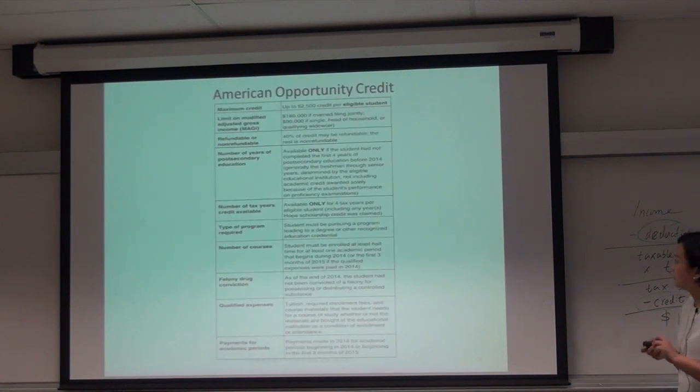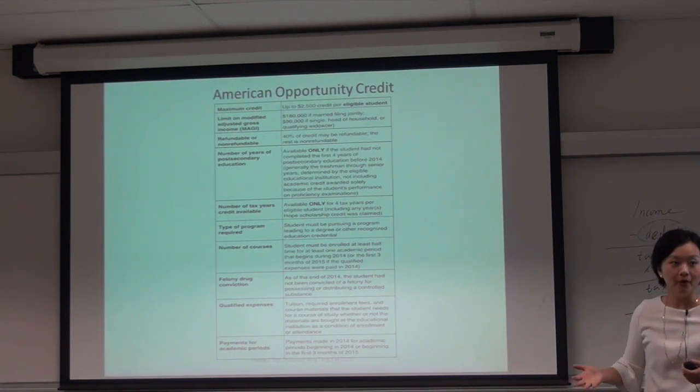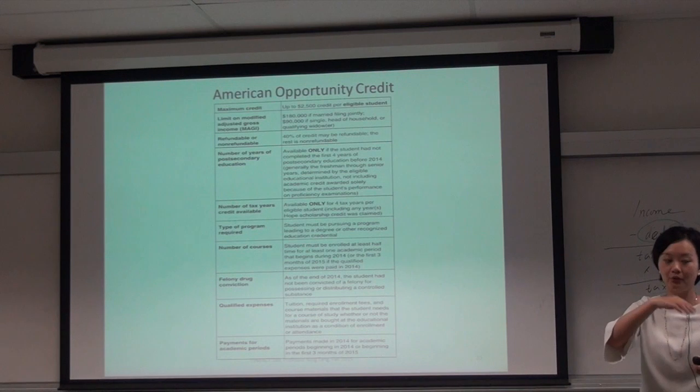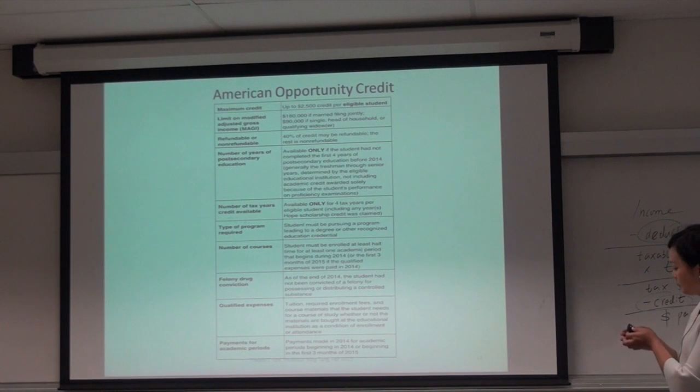Okay, so first is credit. So I got it from the publication 970. I will show you the example, and the other one I will ask a student to explain. So I looked through this, and one thing I find is the limitation.